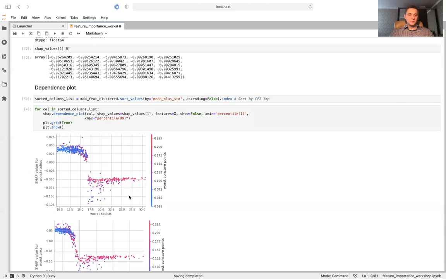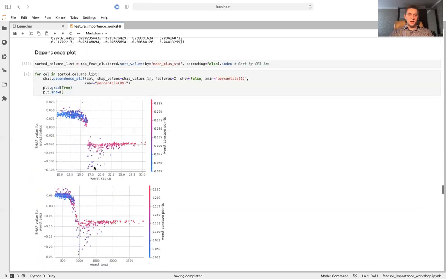What we see here are so-called dependence plots. Here it shows the values of your features. This is the worst radius feature values. It also shows a heat plot. Here you can see dots.